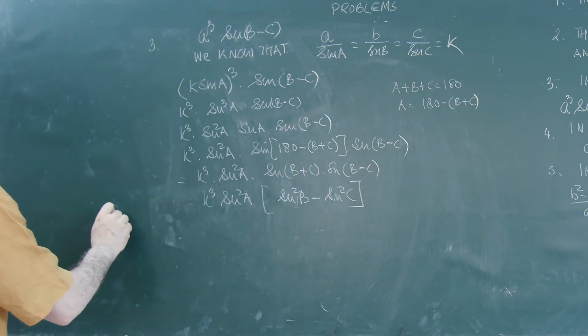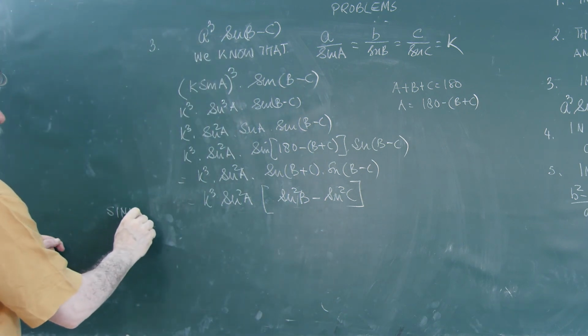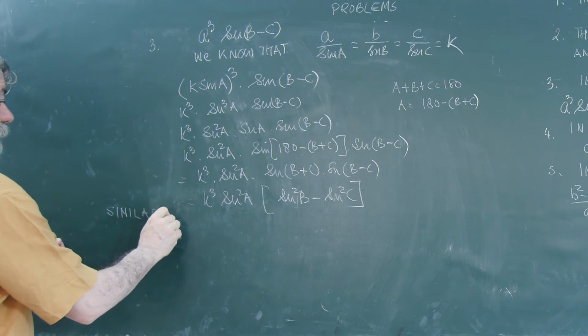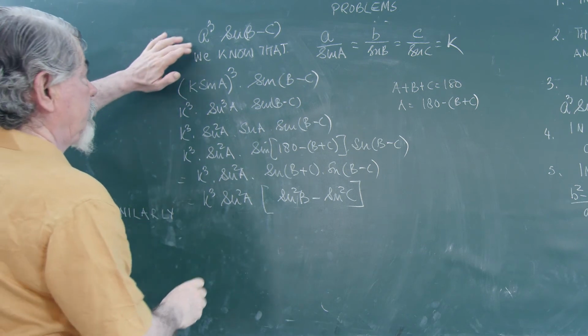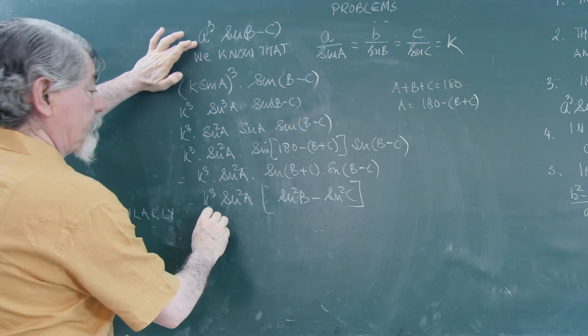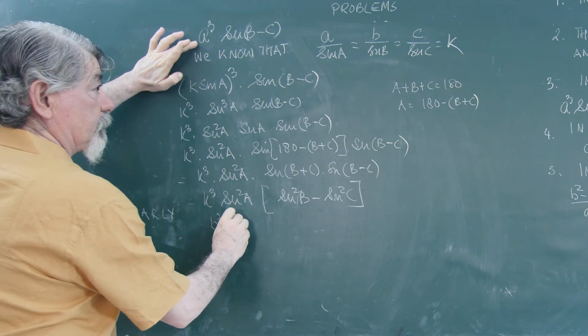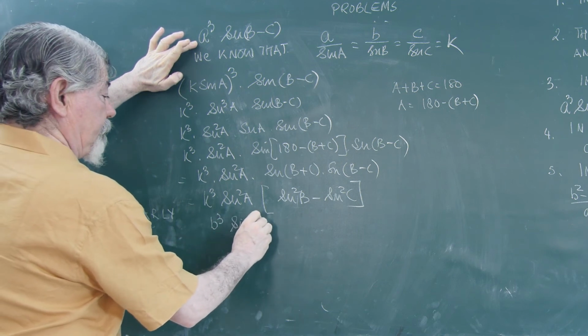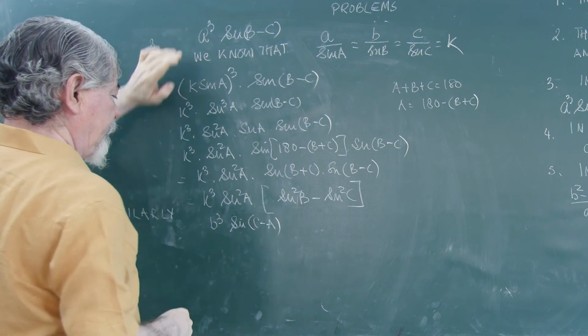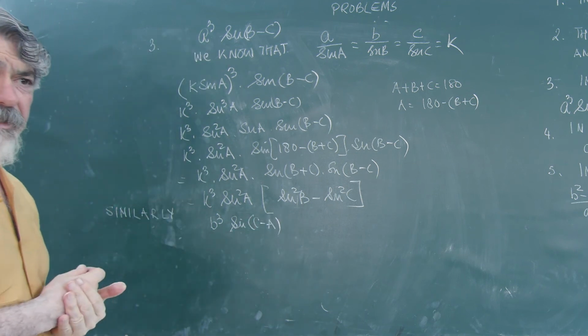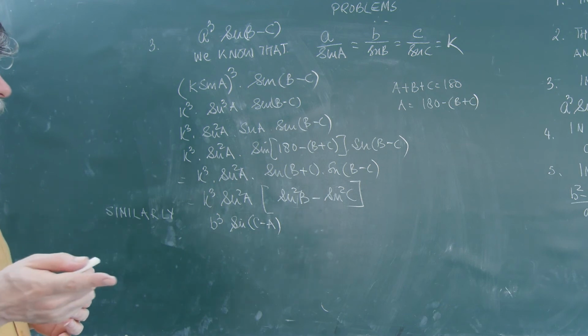Similarly, I can say that the second one is b cube sine (C minus A). So obviously if it is b cube, I'll write in terms of sine B, and sine B will be written as sine (A plus C).